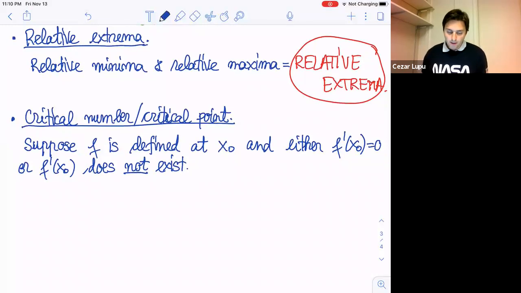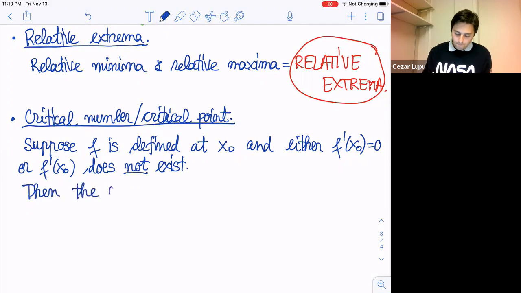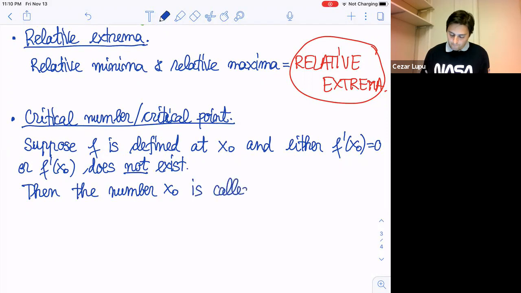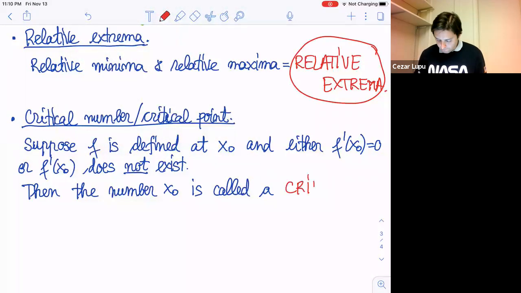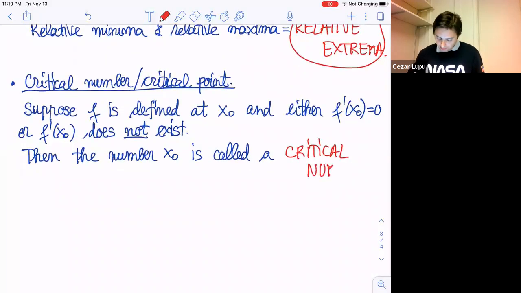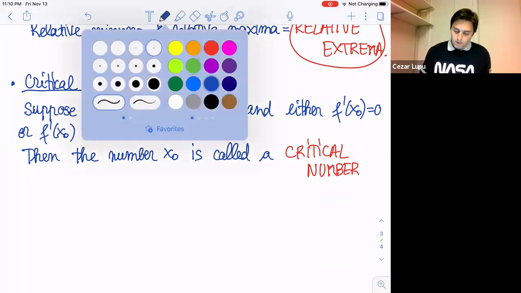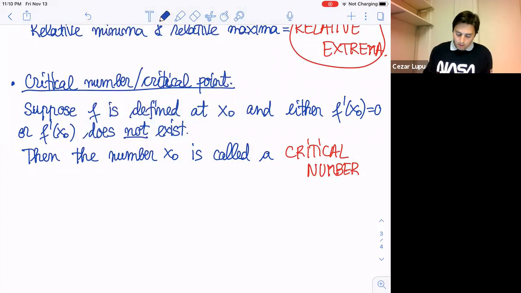Okay. Then this number x naught is called a critical number of f. We'll call this a critical number of f.